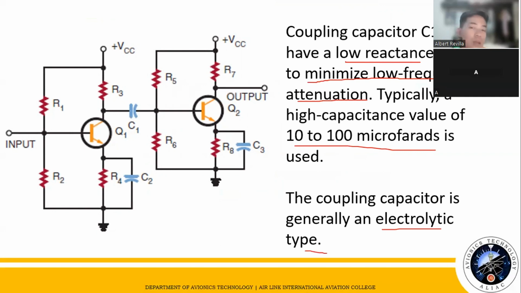So the reactance of the coupling capacitor increases as the frequency decreases. So the low frequency limit is determined by the size of the coupling capacitor. So the high frequency limit is determined by the type of the transistor used.